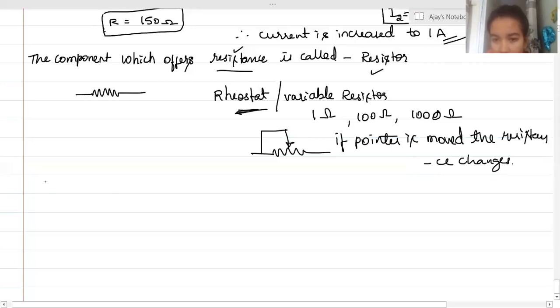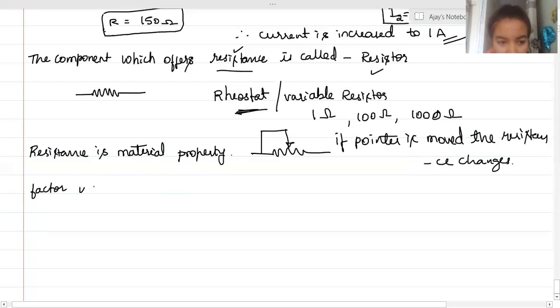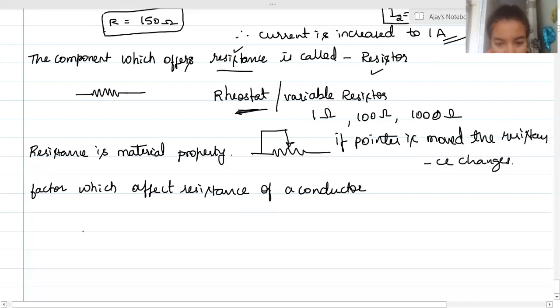We have studied resistance. Resistance is a material property. So we have factors which affect the resistance of a conductor. For example, let me take an example of water flow.